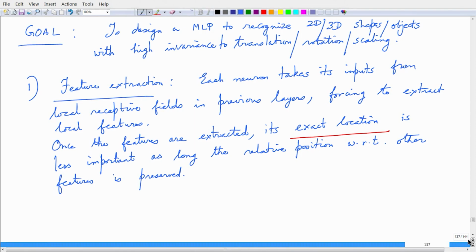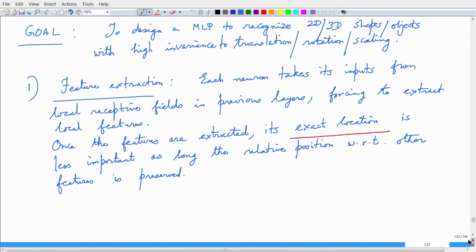So, the first step is the feature extraction part. Each neuron takes its inputs from local receptive fields in the previous layers, forcing it to extract the local features. What it means is I have a mask that goes across an image or a 1D signal, or it could be a voxel for example, and in the process I extract the local features.